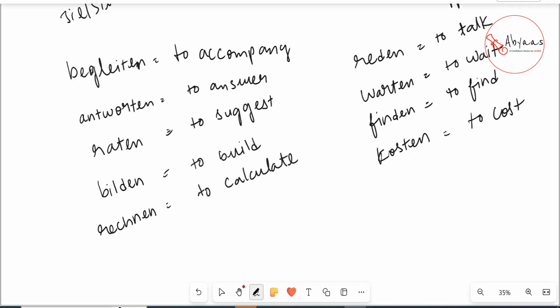So no need to conjugate completely. Same goes with regnen. In the case of regnen, it is ending with n after a consonant sound. Regnen, to rain. Again, there is only one possible conjugation, that is es regnet. It is raining. More than that, you can't conjugate. You can't say I rain, you rain.